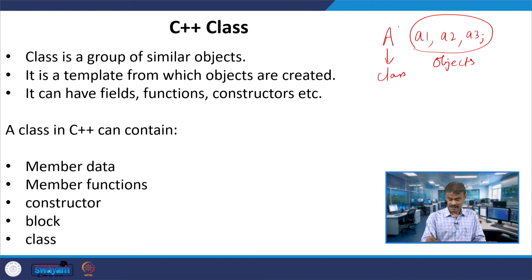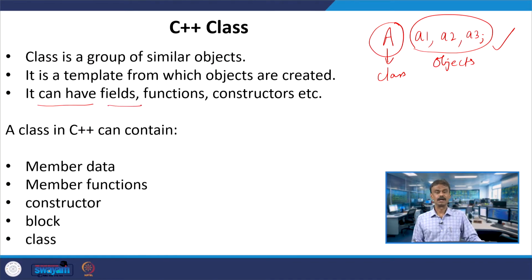A class is a template from which I can create objects. Class A is a template containing so many member data and member functions. So the class can have fields, that means the member data, and it can have member functions.